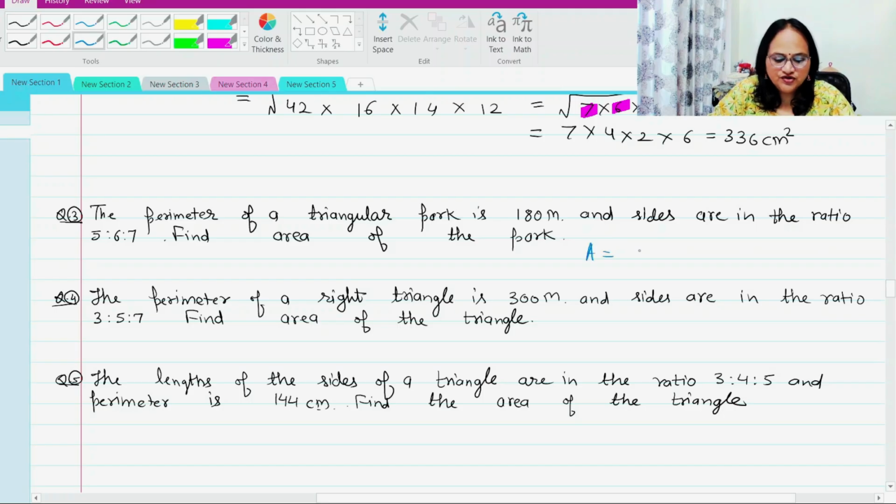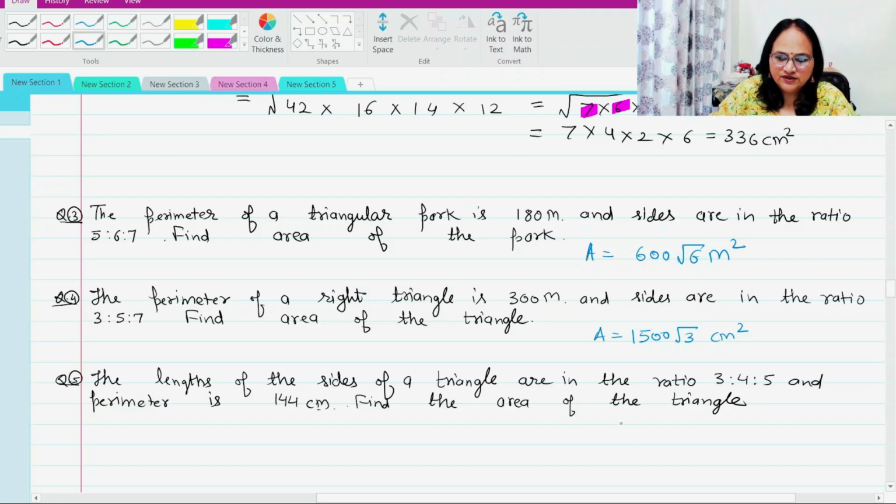Area of the first one should come 600 root 6 meter square. Answer of the fourth one should come 1500 root 3 centimeter square.